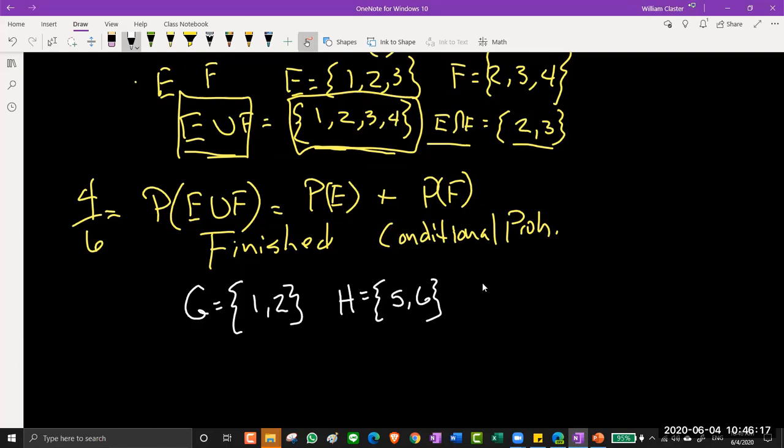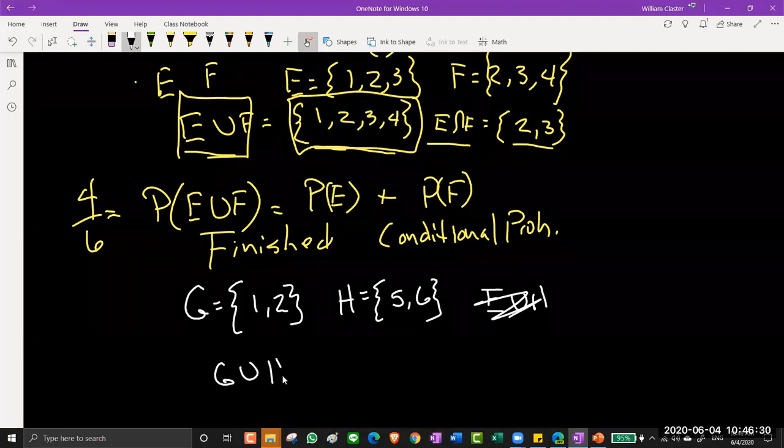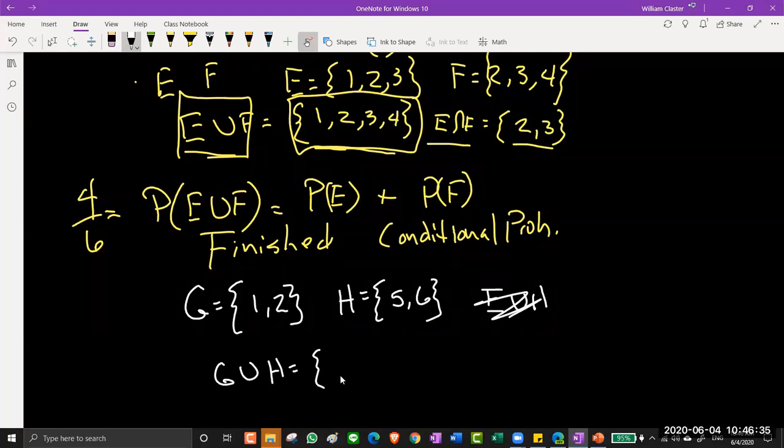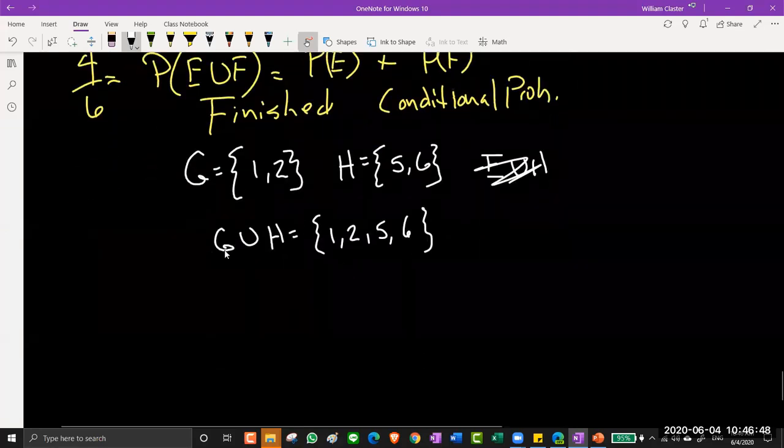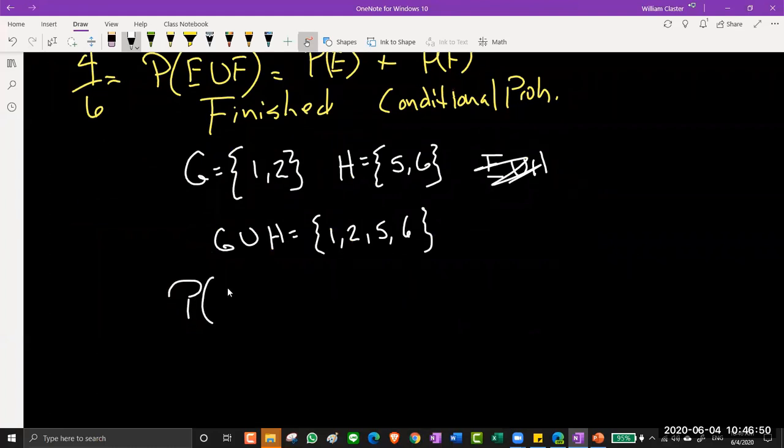So what we can ask, what is G union H? Sorry. So can somebody give me that? It's 1, 2, 5, and 6. 1, 2, 5, and 6. Okay. So suppose that I want to know what is the probability of G union H.